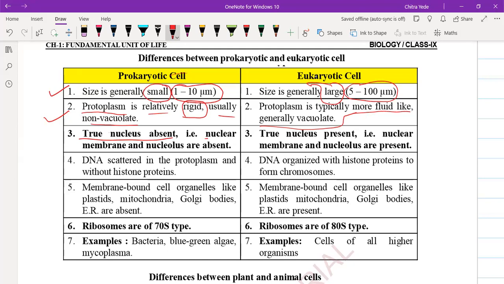That means nuclear membrane and nucleolus are absent in prokaryotic cell, whereas in eukaryotic cell, true nucleus is present, meaning they have a well-defined nucleus, and nuclear membrane and nucleolus are present.